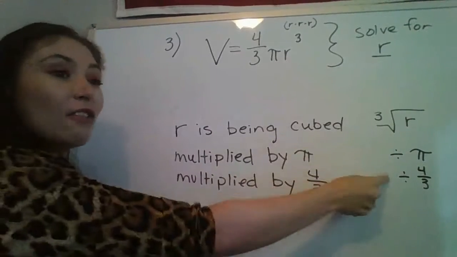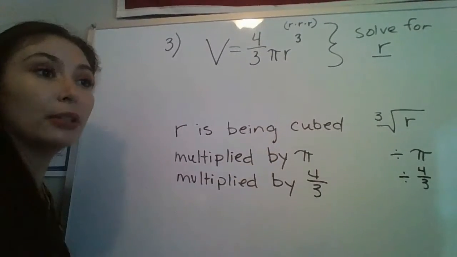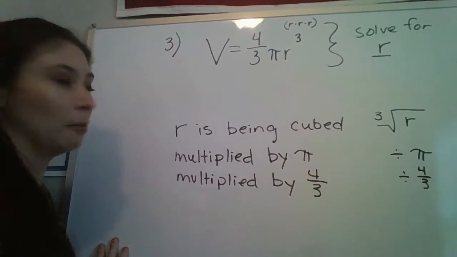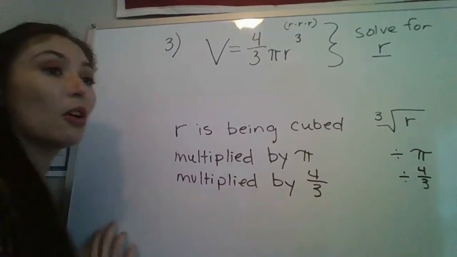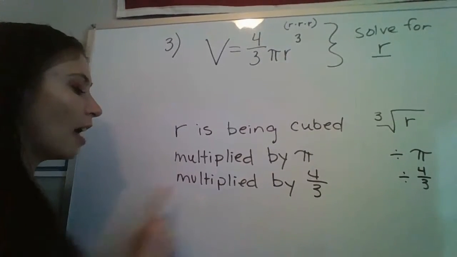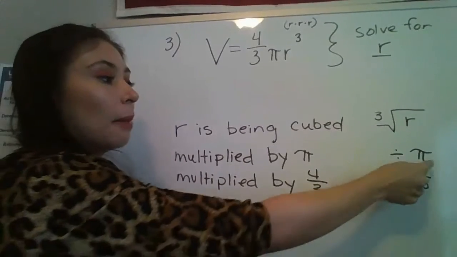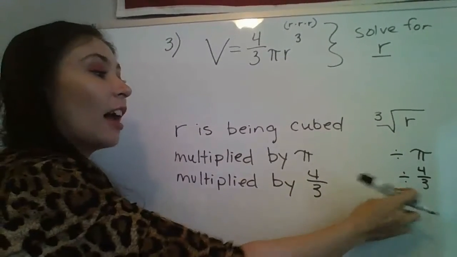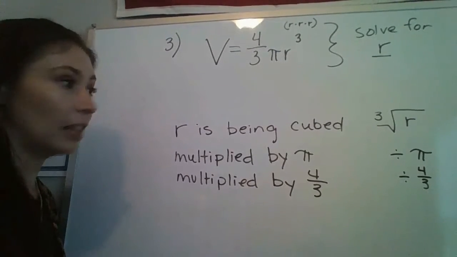So my inverse operations, the opposite of cubing a number, is to take the cube root of a number. The opposite of multiplication is dividing, so we're also going to divide by pi. And the opposite of multiplication is again dividing, so we're going to divide by 4/3. Now remember, if we are dividing by a fraction, we remember to keep, change, flip.